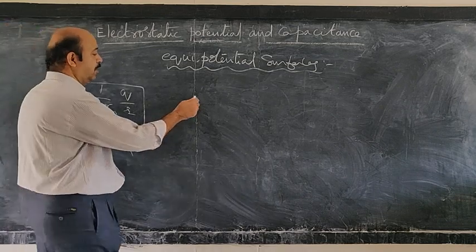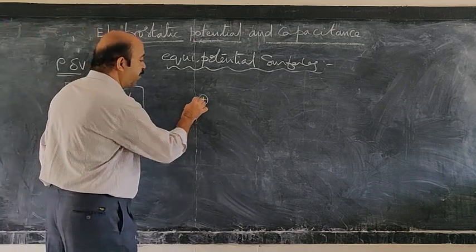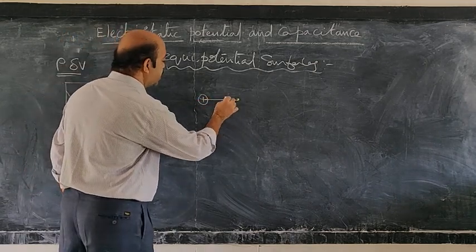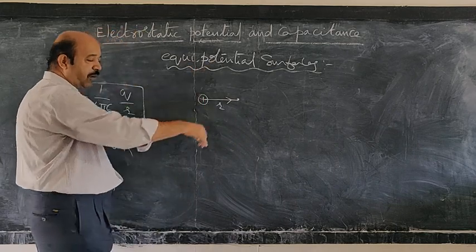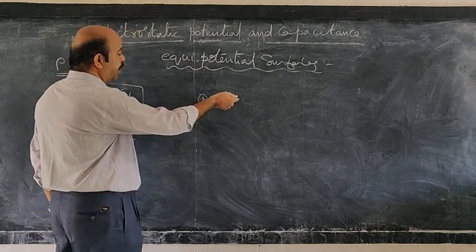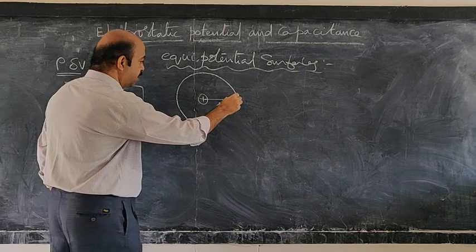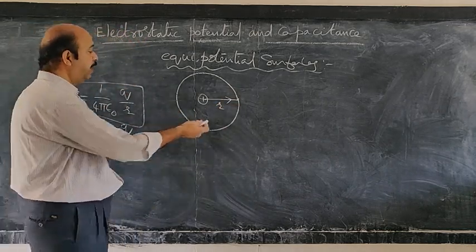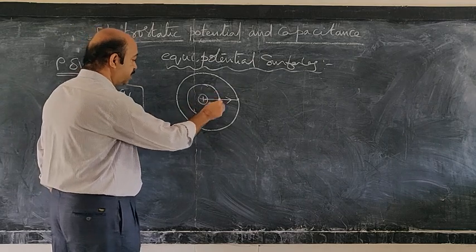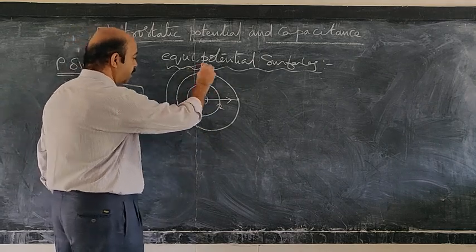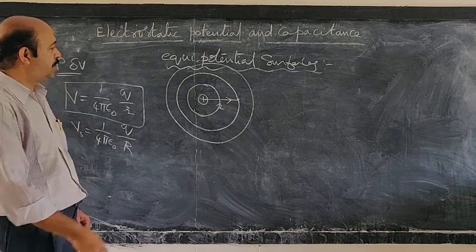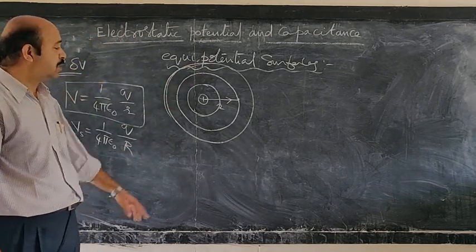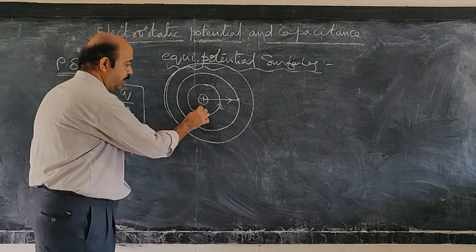Therefore, you can imagine in the case of a point charge, the potential is the same at some distance r, meaning the locus of all such points will appear like a concentric sphere with the charge at the center. So you can imagine such concentric spheres of different radii. All such concentric spheres are nothing but equipotential surfaces for this point charge.